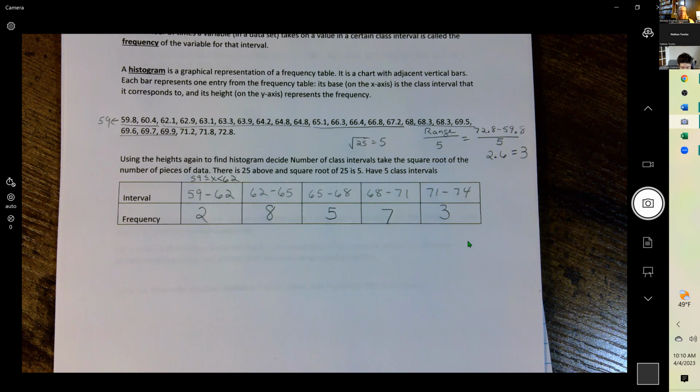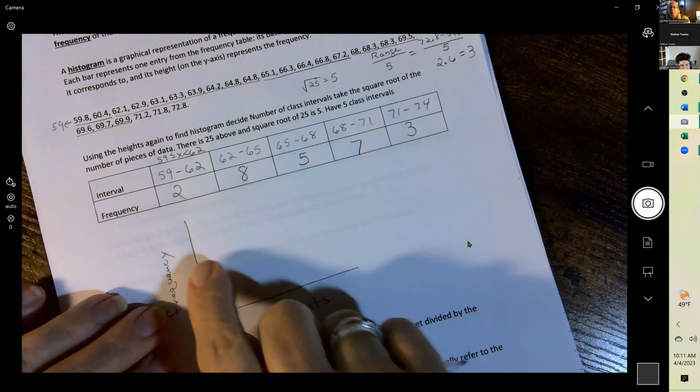Make a histogram. This is our heights, and this is our frequency. And our heights are these units.